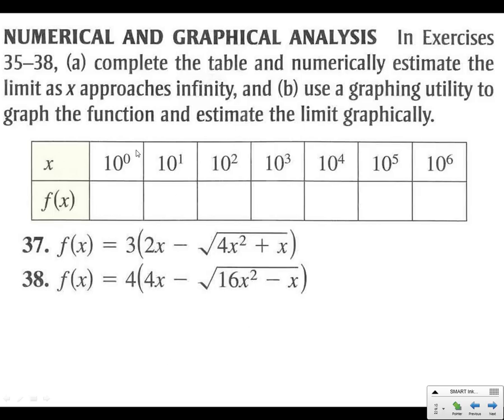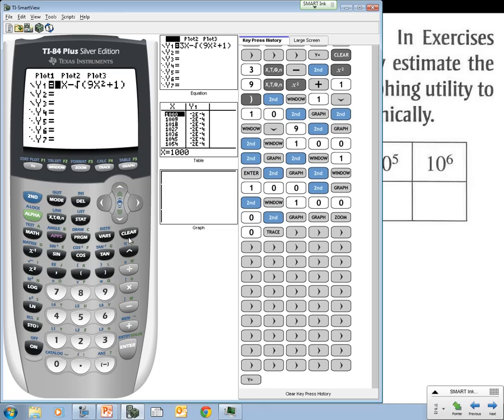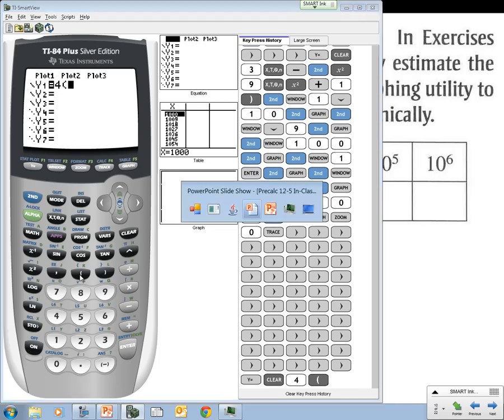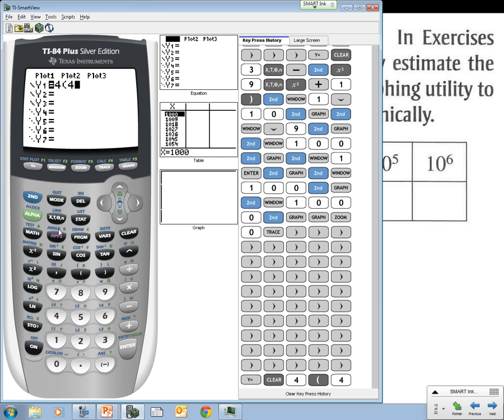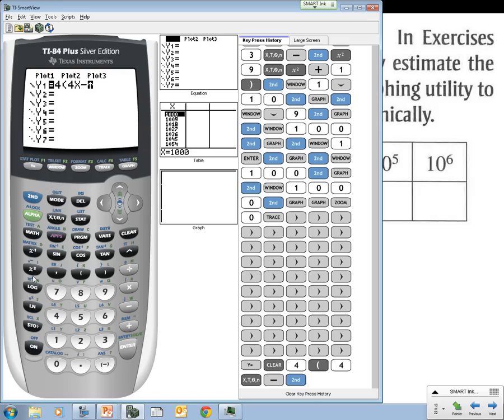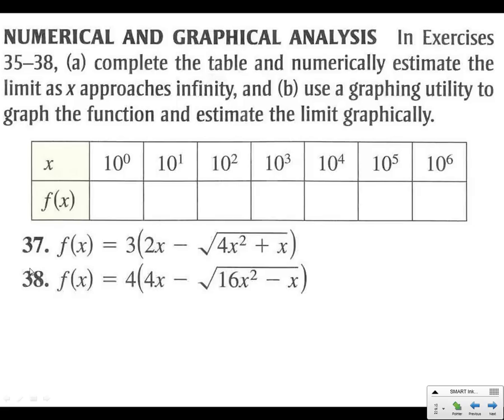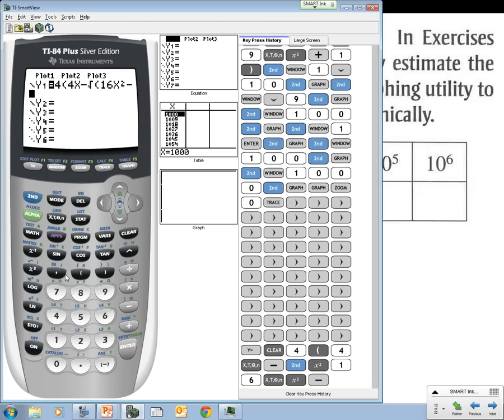Alright, so 38, you're going to do the same exact thing on this one. So let's go ahead and plug this into our y equals 4x minus square root of 16x squared minus x.